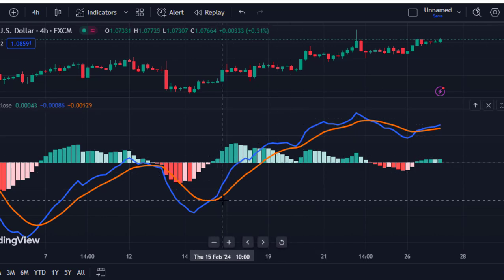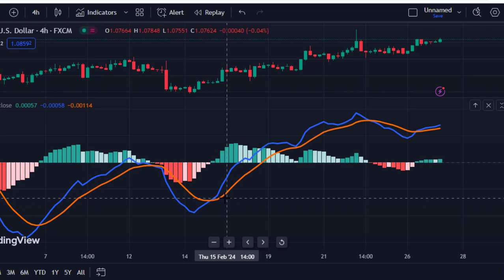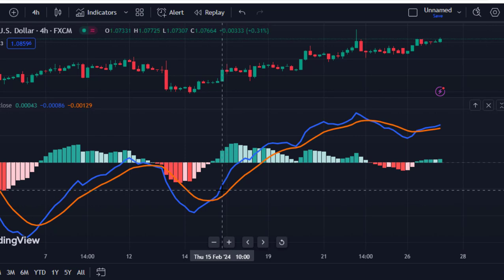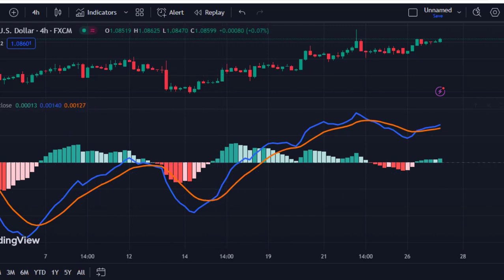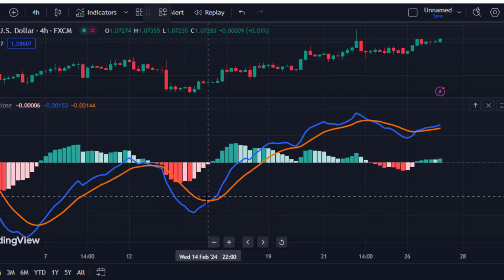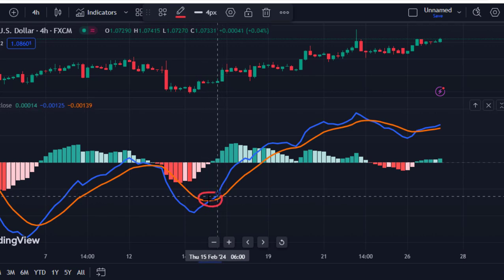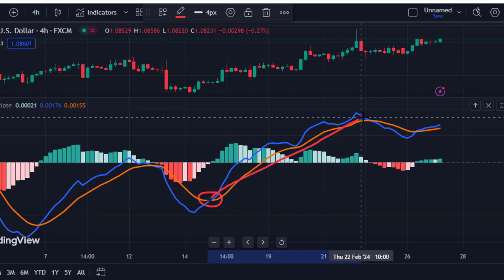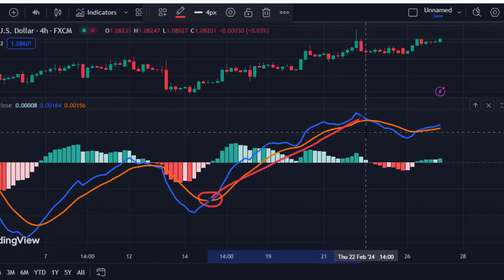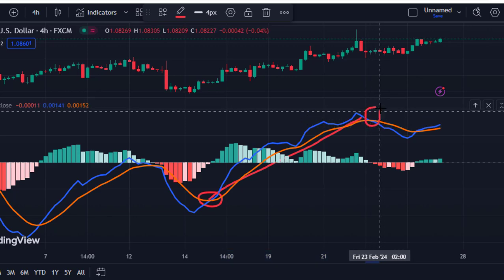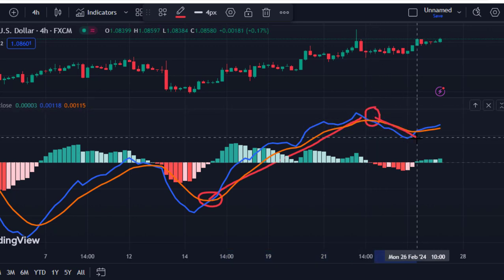So we have this orange line, which is the signal line, and this blue line right here, which is the MACD line. When the blue line crosses over the signal line, which is the orange line, it means that the market is going to move upward. And when the orange line crosses over the blue line, as you can see in this very case, it means that the market is going to come back to the downside.